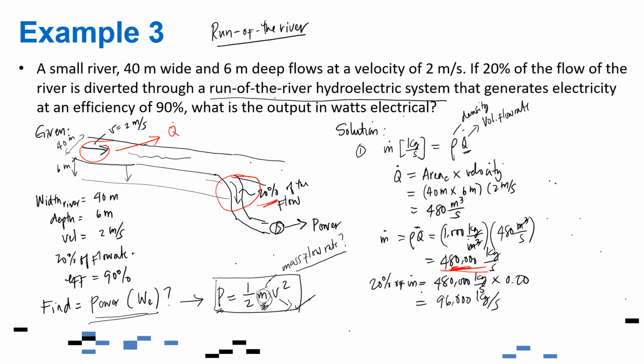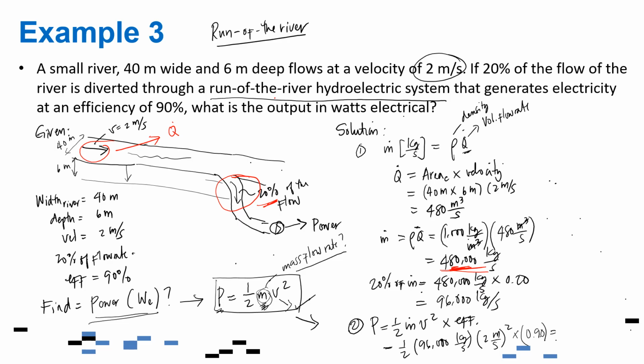Now, based on this, we can solve for P. P is equal to 1/2 mass flow rate times v squared, and of course we have to multiply this by the efficiency. So we get 1/2 times 96,000 kilograms per second times the velocity, 2 meters per second, squared, and then times the efficiency of 90%, which is equal to 173 kilowatts of electricity.